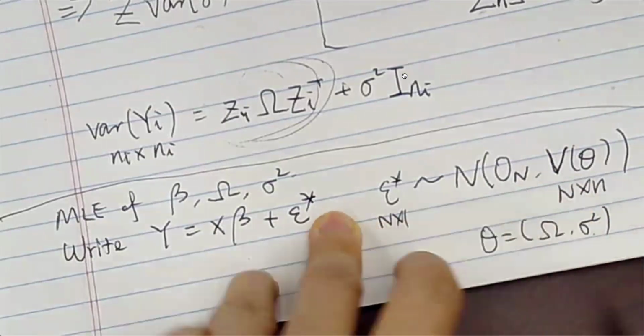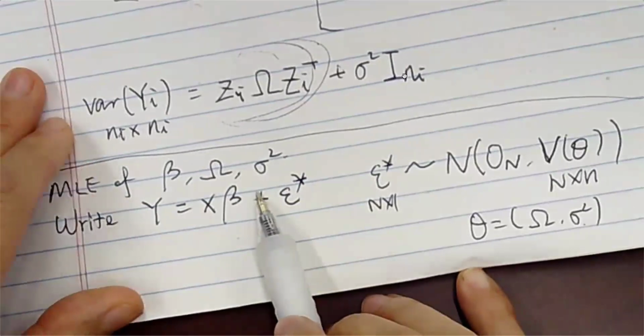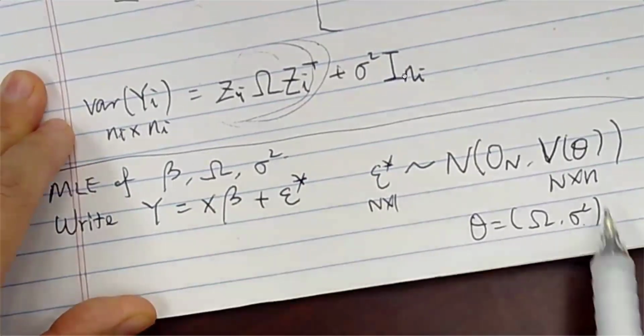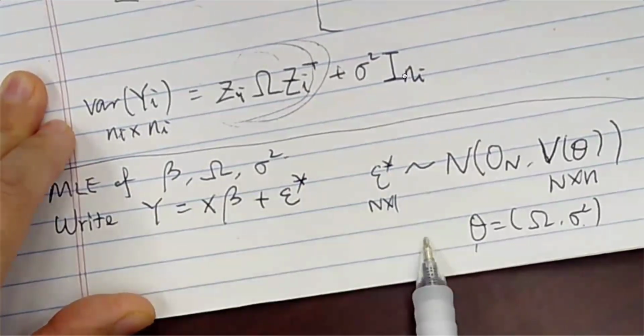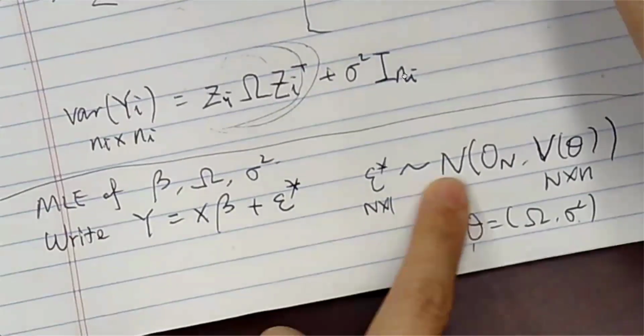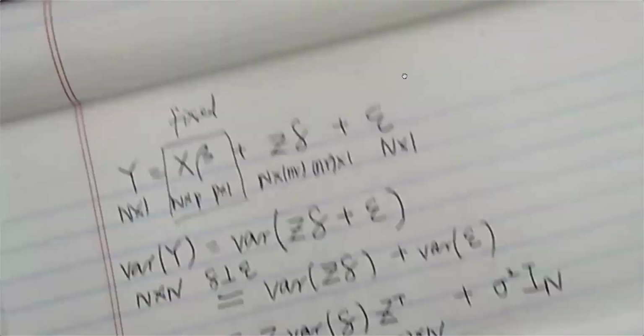But we can still do MLE. We write down the likelihood of beta and theta, where theta is the general notation, using the n-dimensional Gaussian distribution.